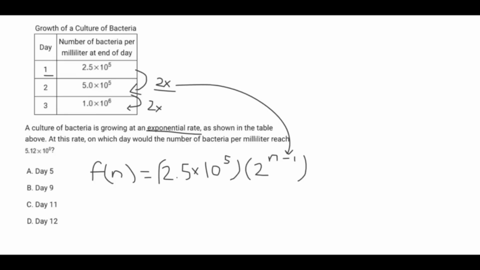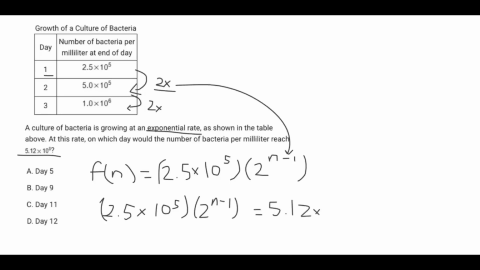So now in order to find the day that it would reach this 5.12 times 10 to the power of 8, very simple here. We can just use our calculator, but to do so, we need to set up our little equation. So it's just this equation: 2.5 times 10 to the power of 5 times 2 to the power of n minus 1, and this is going to be equivalent to 5.12 times 10 to the power of 8.